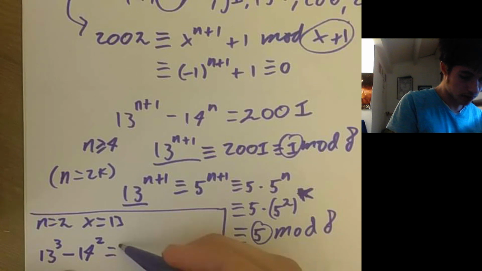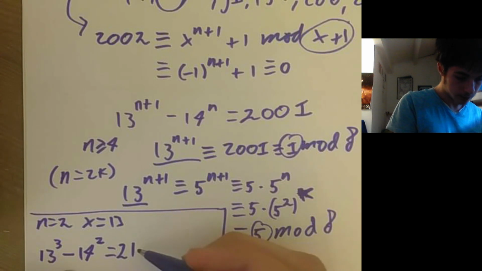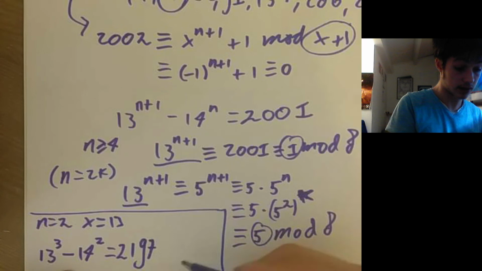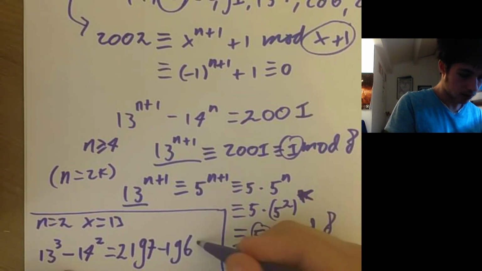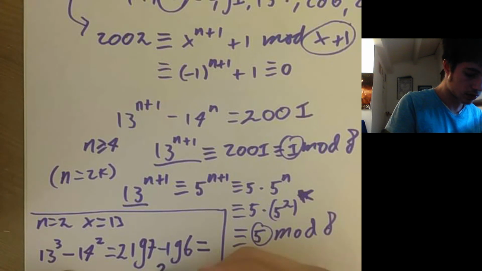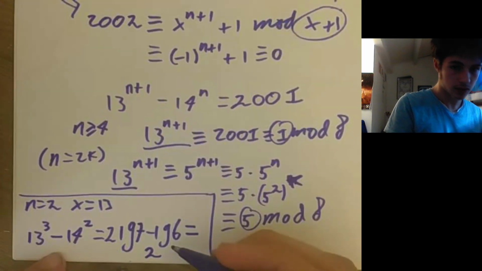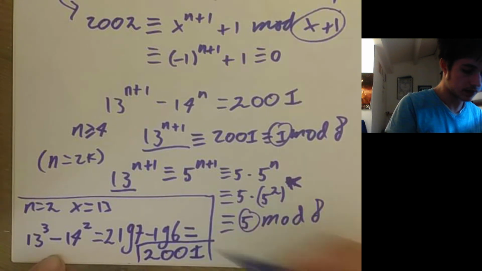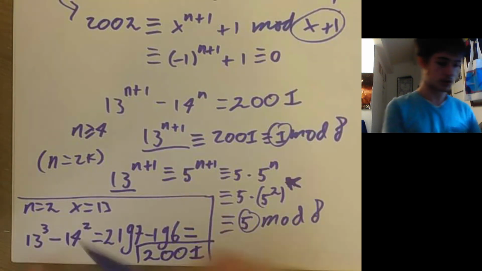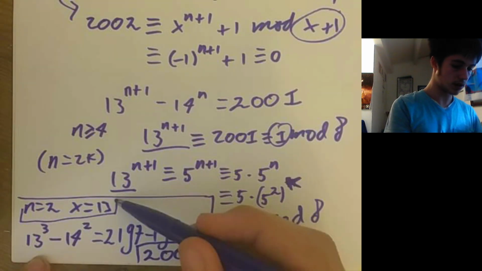Well, this is going to be 2197 minus 196, which definitely equals 2001. So there we found our solution. n equals 2, x equals 13.